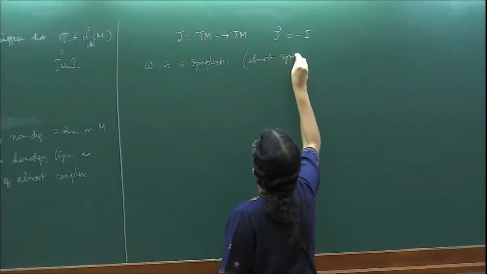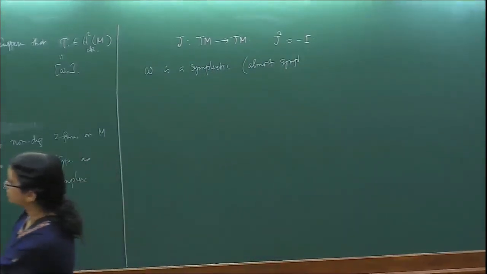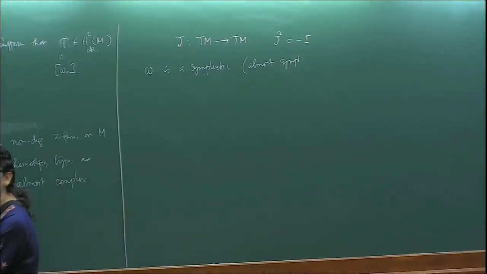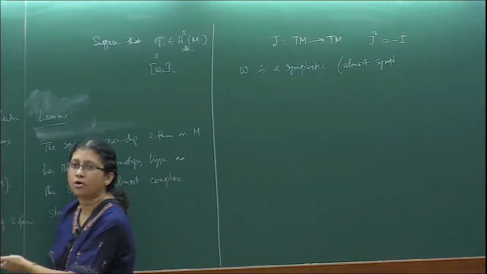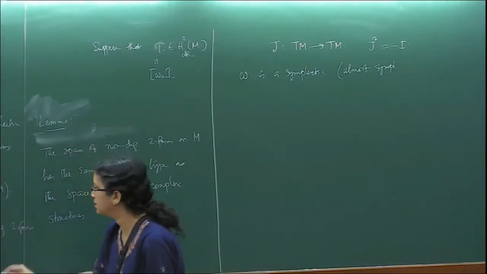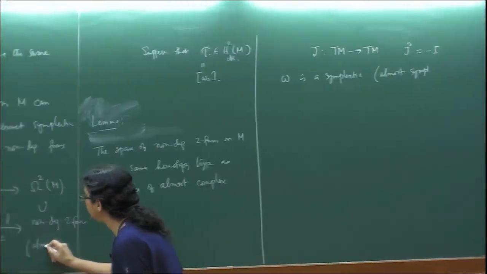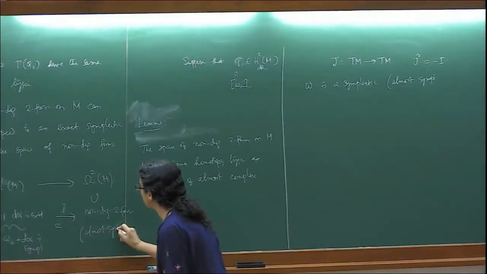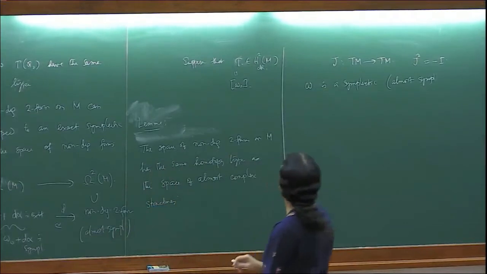That means these forms which are non-degenerate are referred to as almost symplectic forms. The non-degeneracy condition is there, but the closedness is not there. So these are also called almost symplectic. Okay.